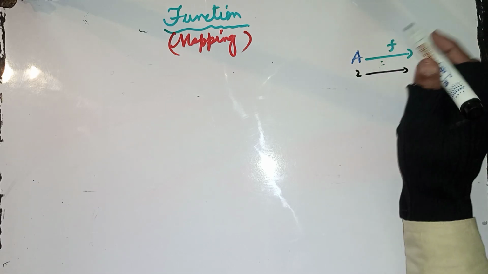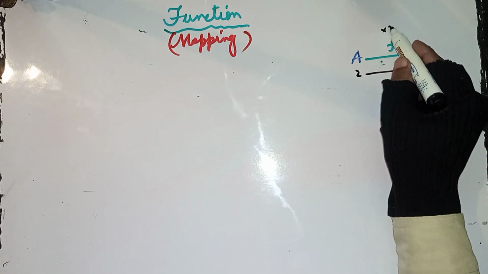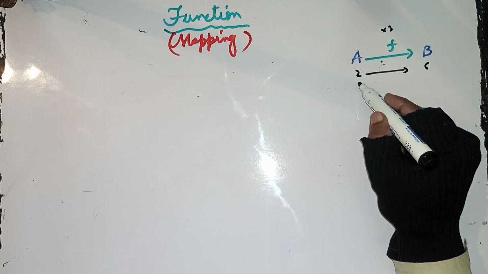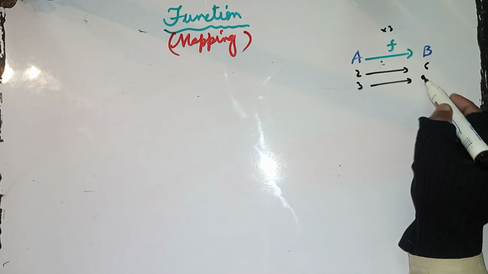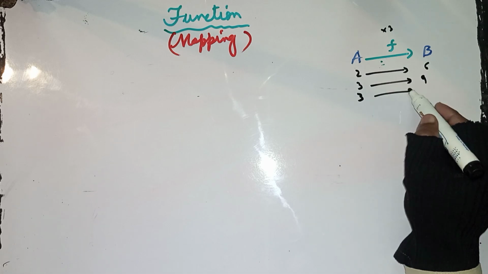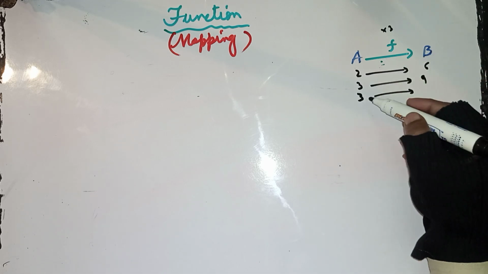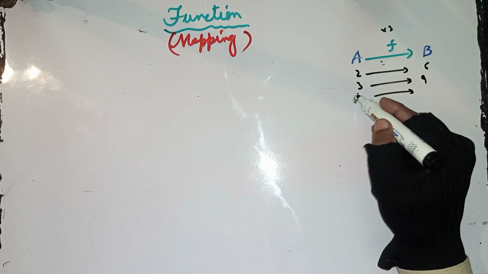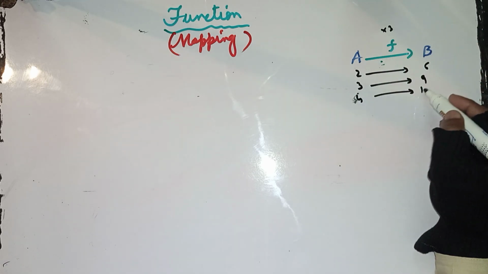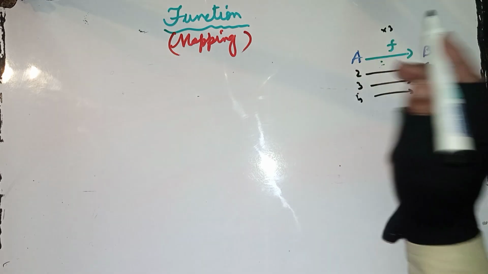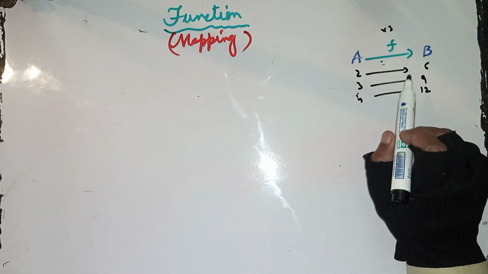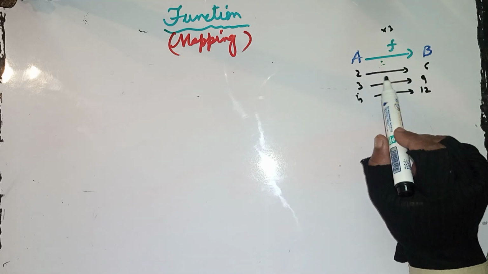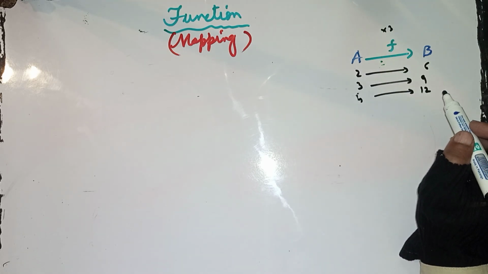You can write it here, my multiplication of 3. 3 times 3 is 9. 4 times 3 is 12. What is the operation here? The operation is multiplication of 3.